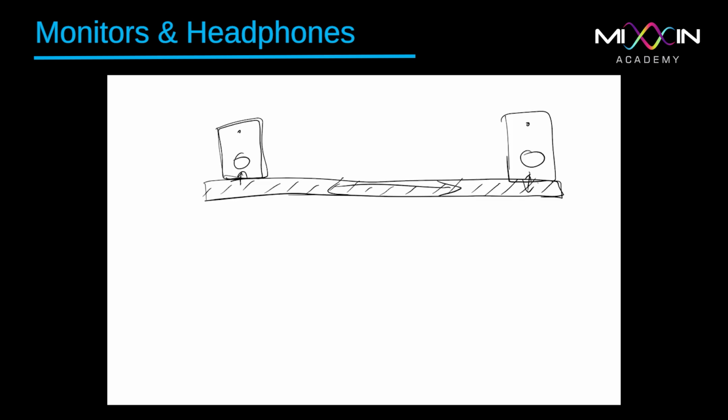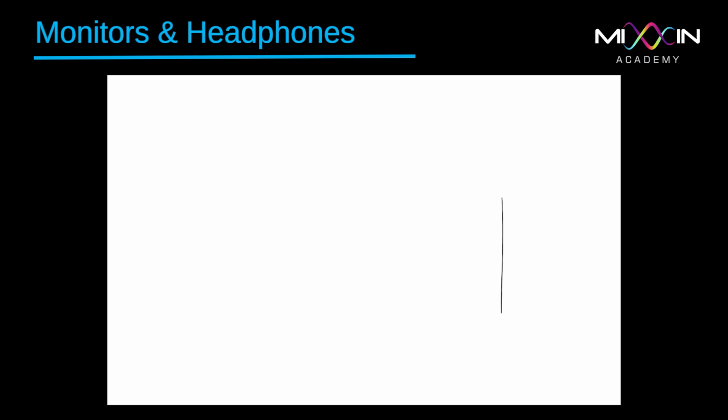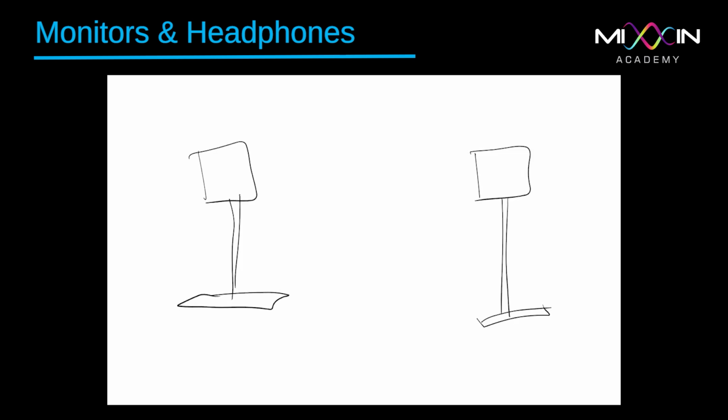What we need these speakers to do is to be mechanically separated. That is why we have speaker stands, so that each speaker is on top of its own stand, avoiding the contact between them as much as possible, because this is how vibration is being spread around.